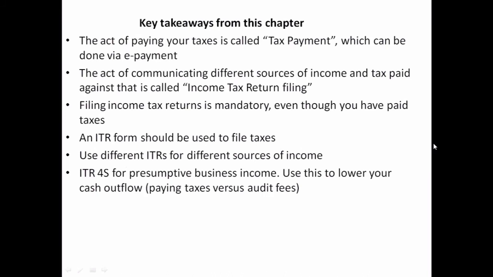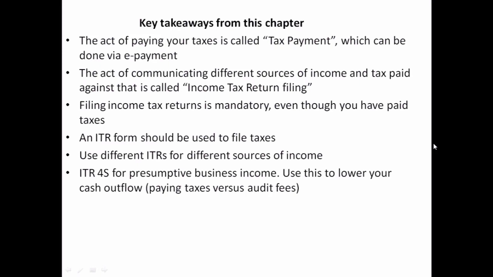So friends, as usual, at the end of all chapters I give key takeaways from the chapter. In this chapter, you can note these points, which are very important for you. The act of paying our tax is called tax payment, which can be done via e-payment. The act of communicating different sources of income and tax paid against them is called filing the income tax return.